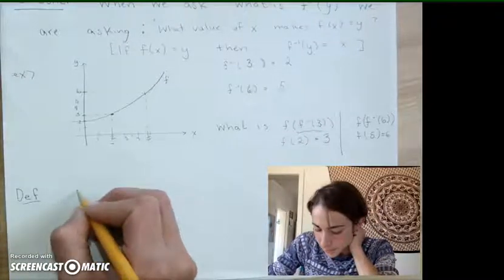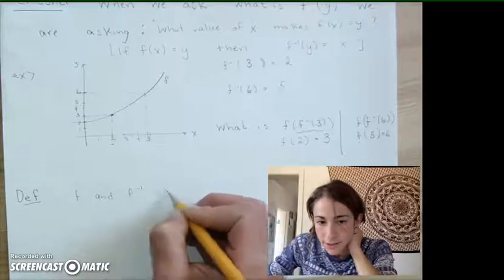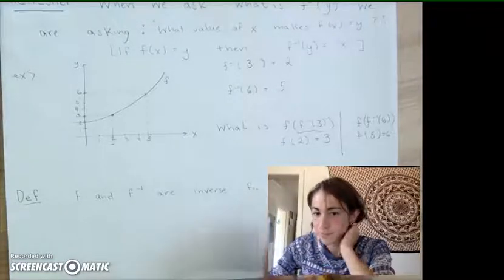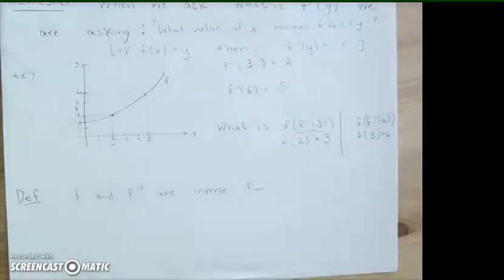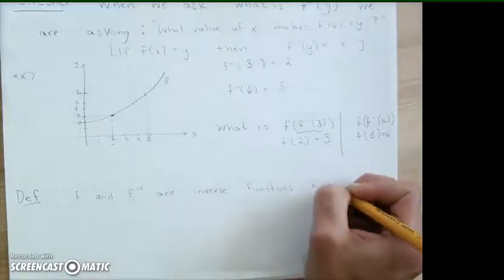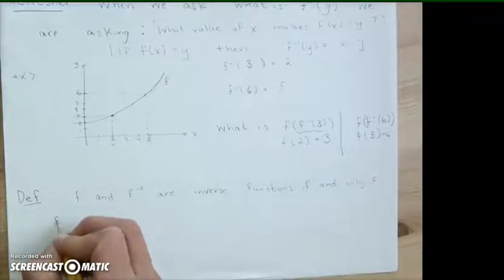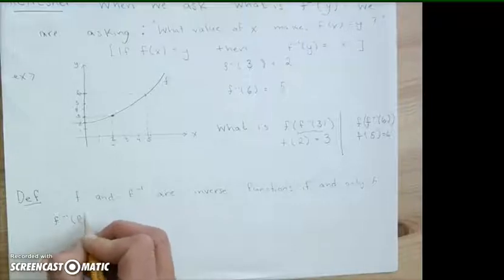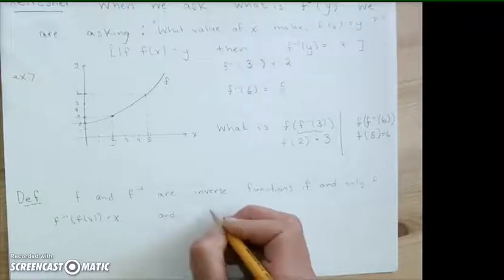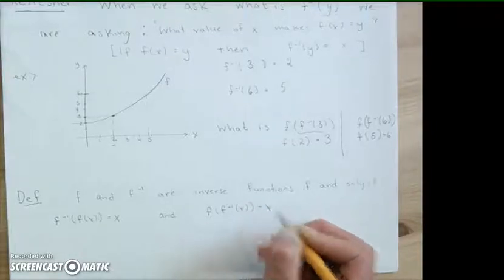So f and f inverse are inverse functions if and only if, when I compose them, so if I do f inverse of f of x, I get x, and if I compose them in the other direction, f of f inverse of x, I also get x.